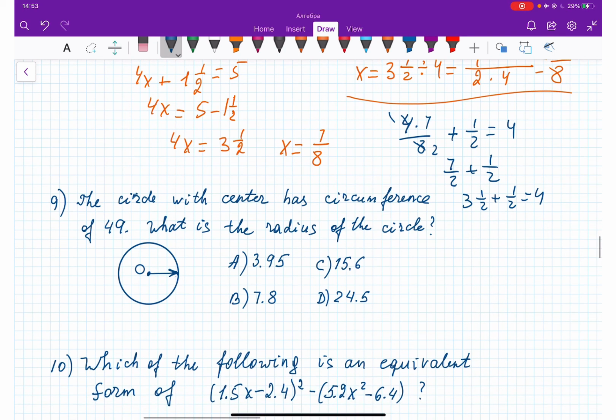The circle with center has a circumference of 49. All right, the formula for circumference: 2 pi r is equal to 49. What's the radius? The radius from here is equal to 49 over 2 times pi. Pi is 3.14.